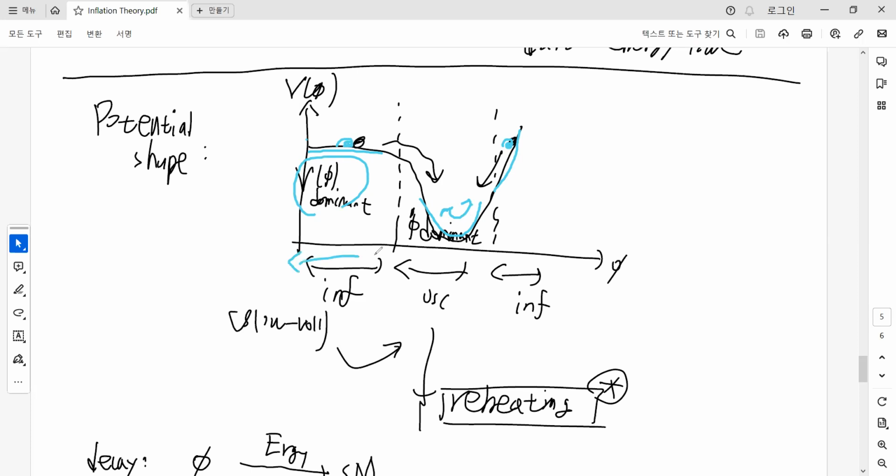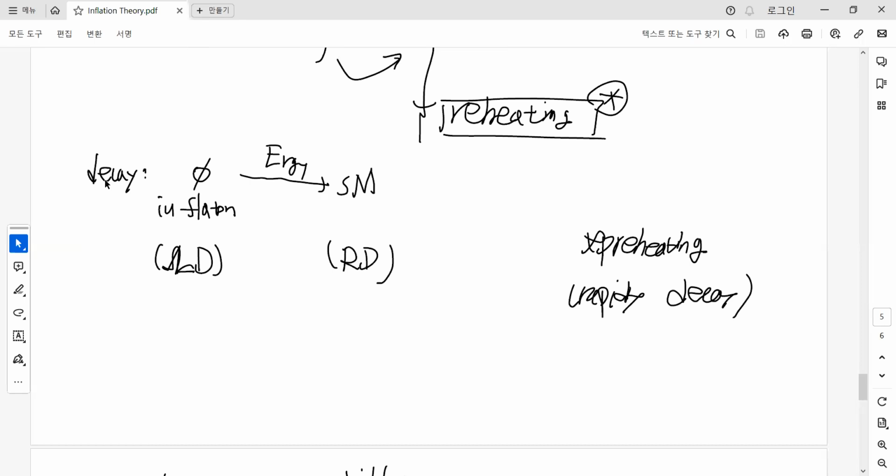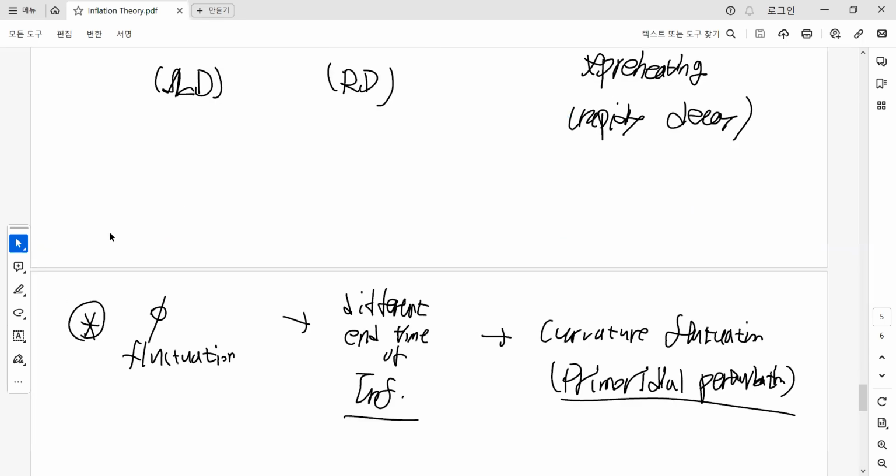During the slow roll, inflation occurs, but when the inflaton goes to the minimum of the potential, it starts oscillating. That is called reheating, which is the decay of the inflaton to other standard model particles. Then there is preheating, which is the rapid decay of the inflaton, where some standard model particles are produced at much earlier times compared to reheating.